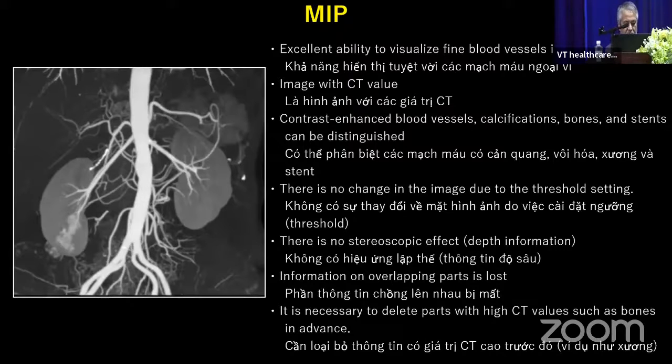However, since there is no stereoscopic effect, there are demerits that the information of the overlapping portion is lost, so it's necessary to delete the portion with high CT value.